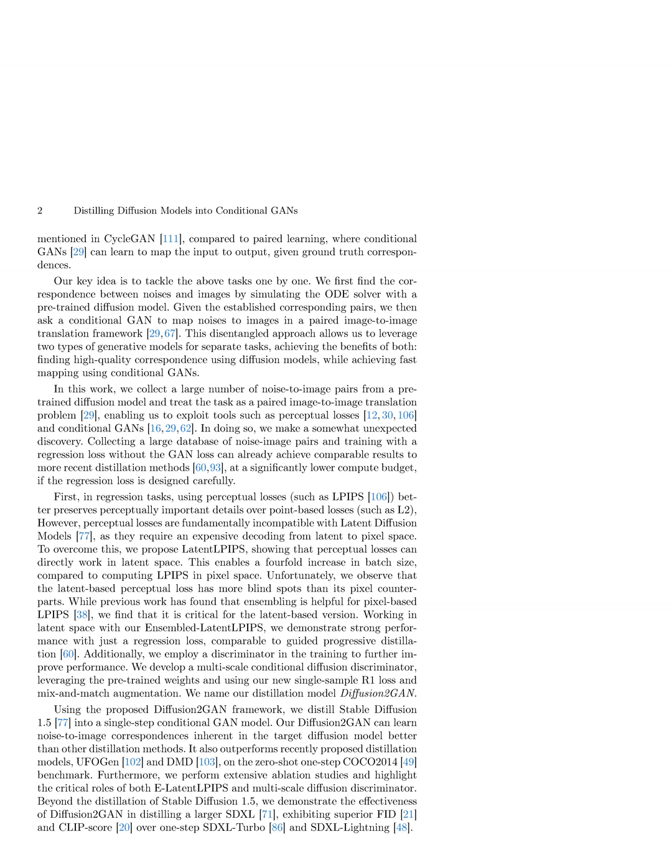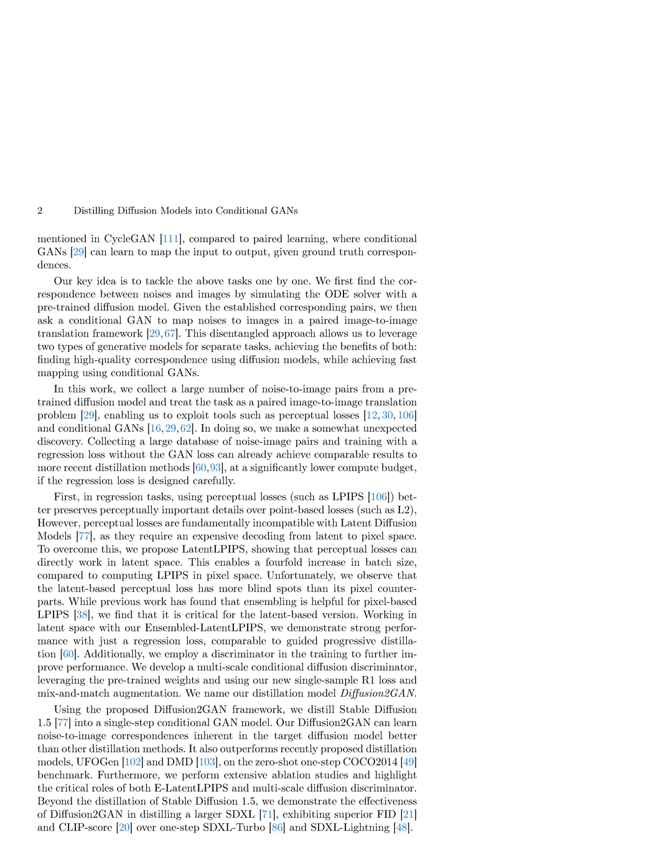Leveraging separate generative models for different tasks. By disentangling the tasks of finding correspondences between noises and images and learning the mapping, Diffusion2GAN combines the strengths of diffusion models and conditional GANs to achieve efficient and high-quality image synthesis.